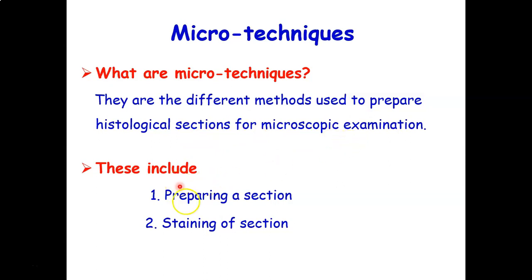These include preparing the section and staining the section. Here you have many different methods and techniques. Preferably, I divide the microtechnique into two parts: preparation of the section, and staining of the section.